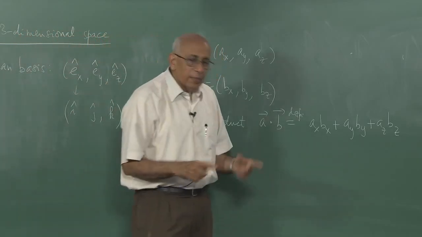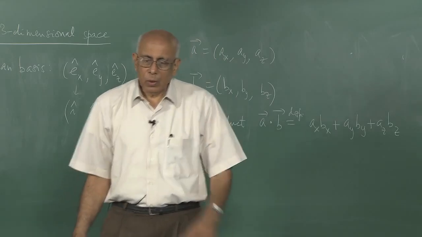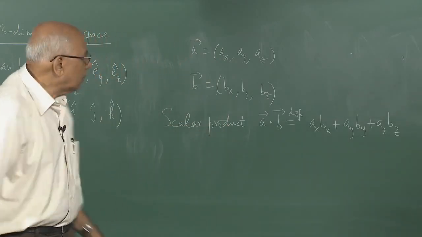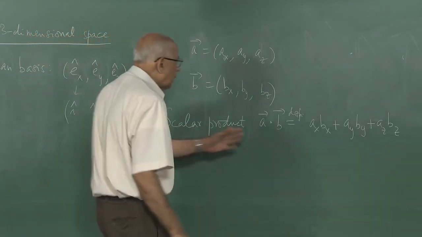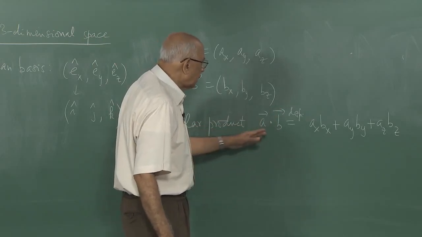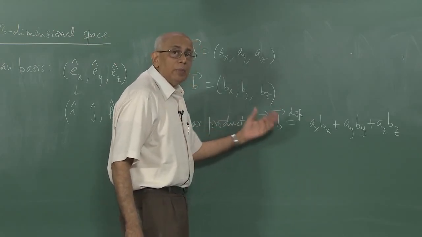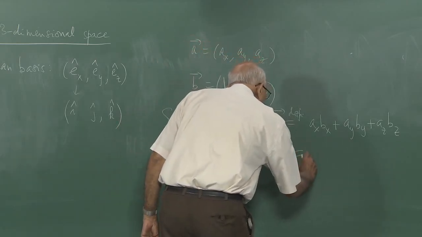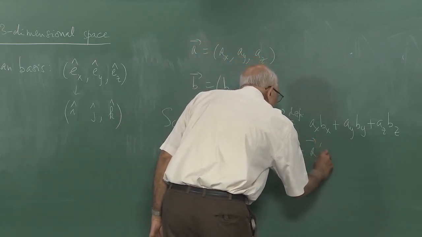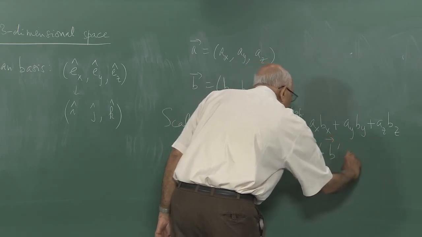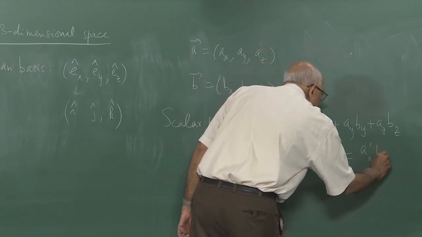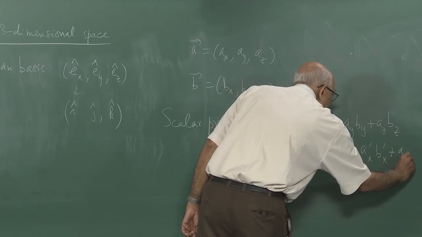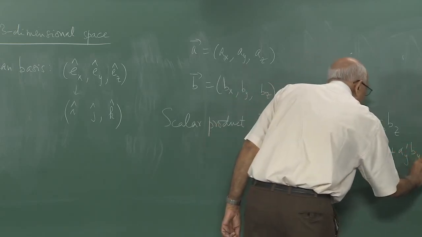Now exactly as we did in 2 dimensions, we could in principle write down what are the primed values Ax prime, Bx prime, etc., and Ay prime, By prime, etc., and we can verify that this is equal to A prime dot B prime, which is Ax prime Bx prime plus Ay prime By prime.